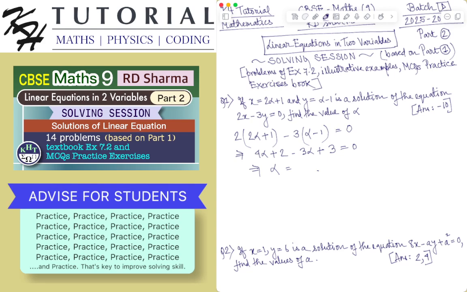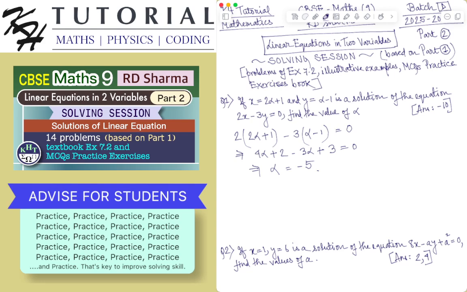Minus 3y. Minus 3 alpha plus 3 equals 0. So we are getting alpha equal to minus 5, but the answer is given as minus 10. How come? Is the solution of the equation 2x minus 3y equal to 0.